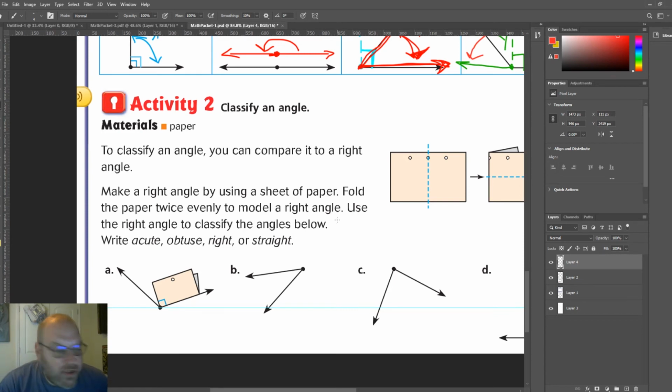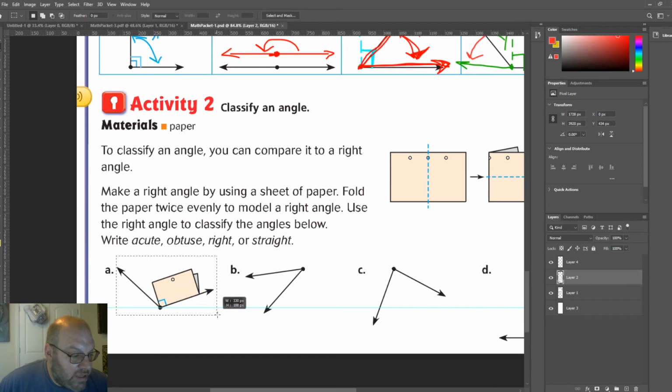So, I didn't do that, but I made a straight line down here. And what I'm going to do is, and you'll have to do this a lot. It'll give you something without the paper, but a test or an assignment might give you an angle that looks like this, without this paper.